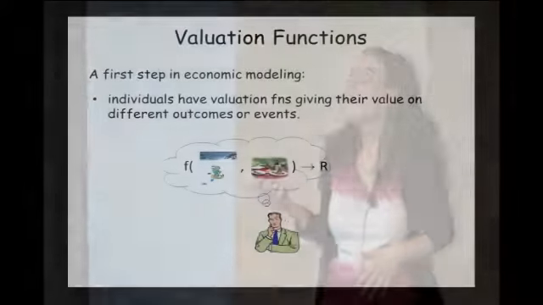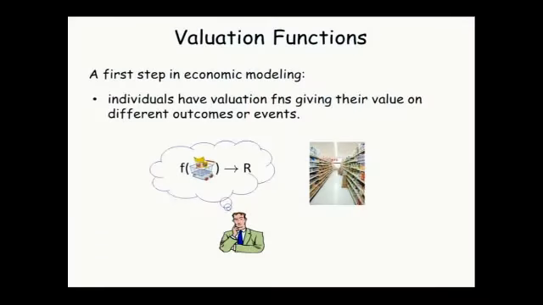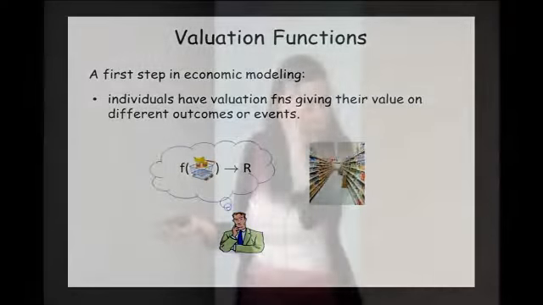All right, and let me start with the motivation. As we know, one of the first steps in economic modeling is to model individuals as having valuation functions that describe how much value they place on different outcomes or events. So, for instance, their value for a vacation package in Switzerland, or their value for a set of items in a shopping list for a supermarket.